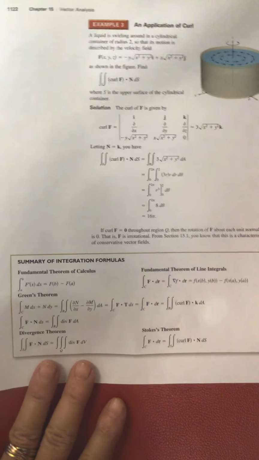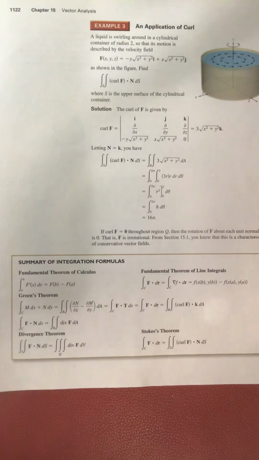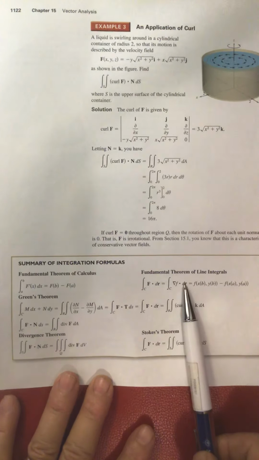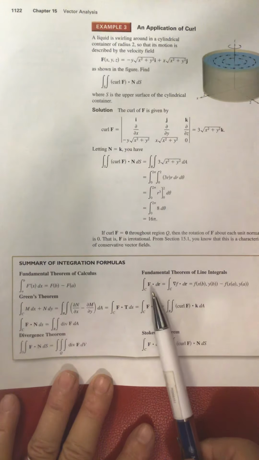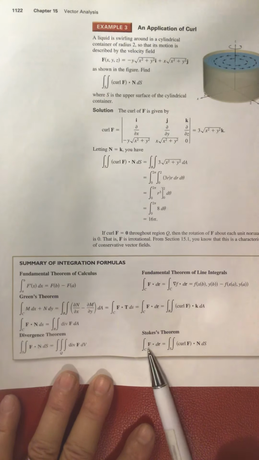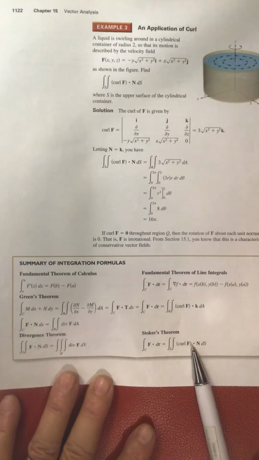So again, this chapter can be summed up using charts. Right? And this chart: the fundamental theorem of line integrals, one way to evaluate a line integral. Stokes' theorem, another way to evaluate a line integral.